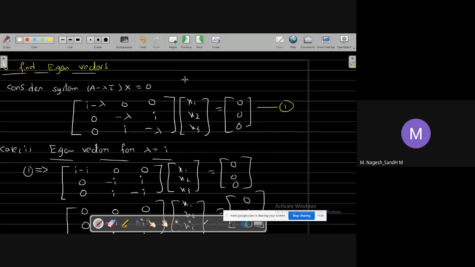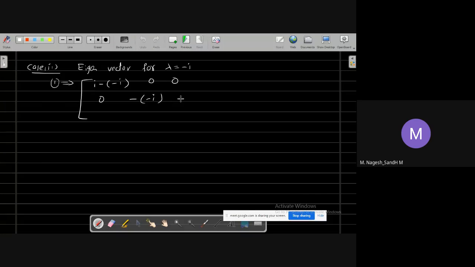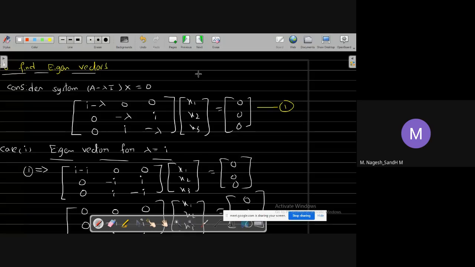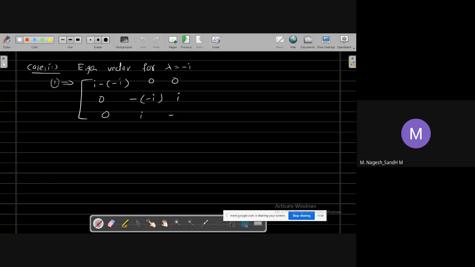Next what is here? i. Next 0, i. 0, i. What is that in the lambda place? Minus i, minus i, into x1, x2, x3 is equal to 0, 0, 0.